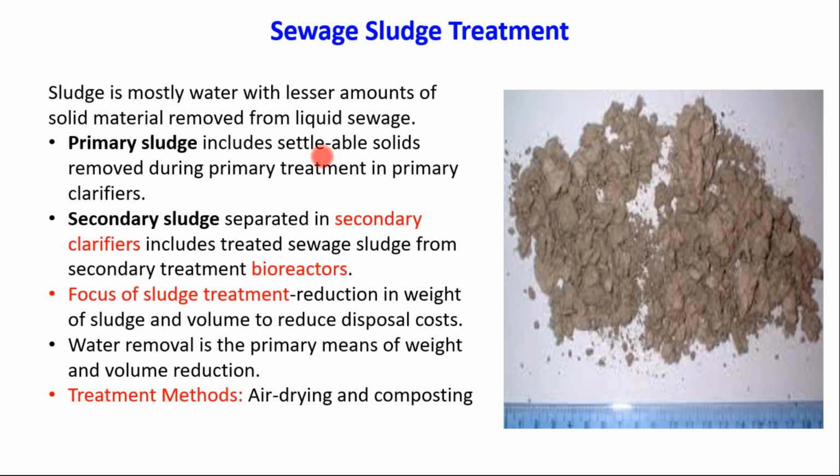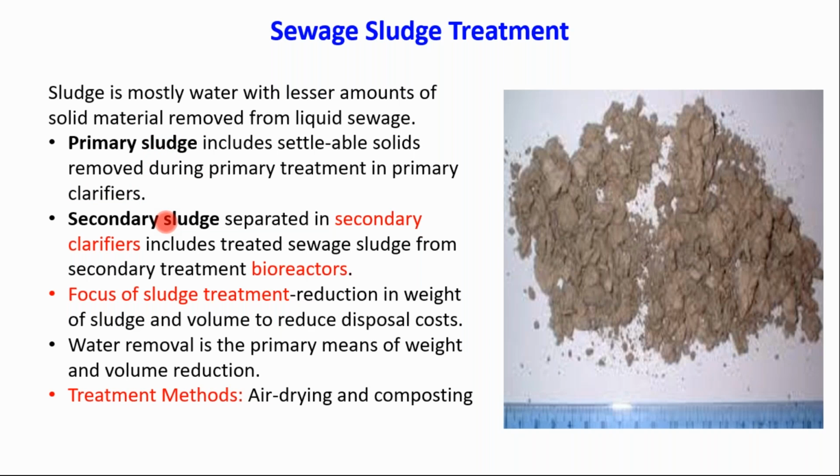Primary sludge includes settleable solids removed during the primary treatment in the primary clarifiers. So if the solid particles can be settled out with the help of gravity as well as a stirring technique, which can be done in the primary clarifiers in the STP plant, then that sludge is called primary sludge.